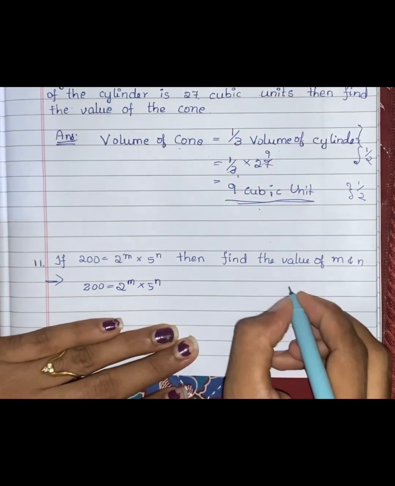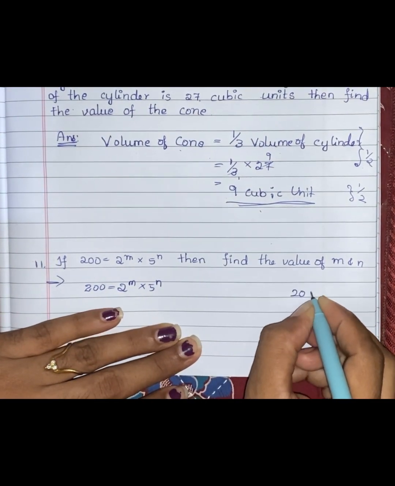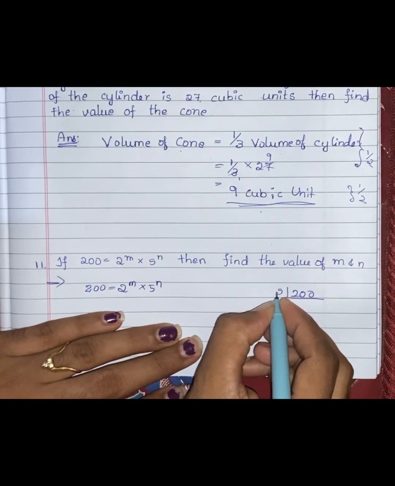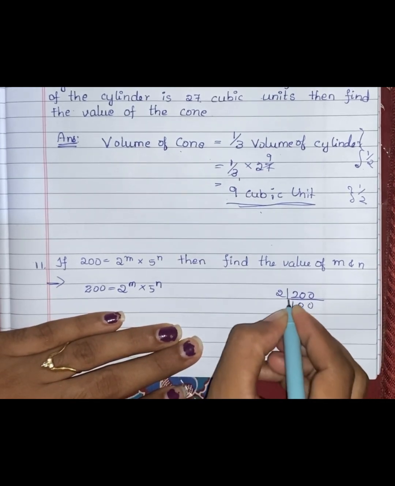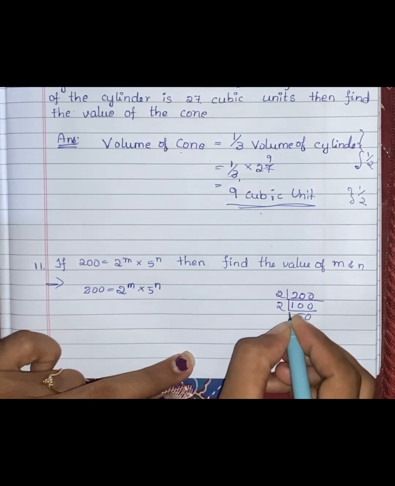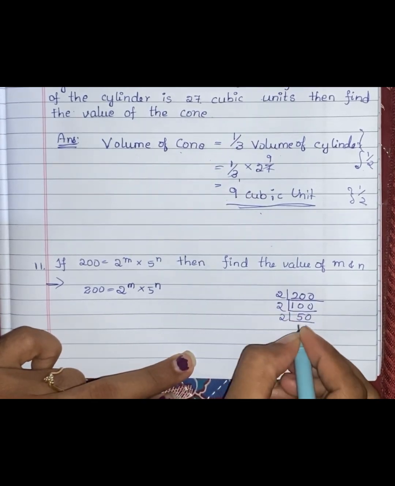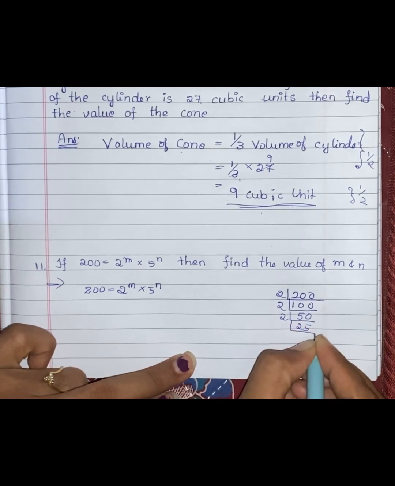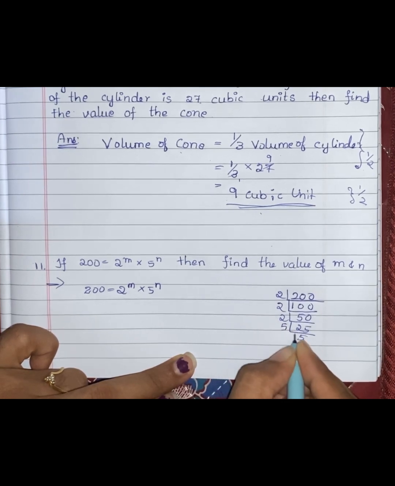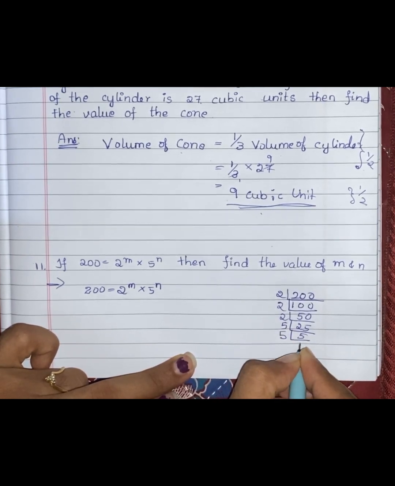So here we need to find the prime factorization of 200. So I'll just start with 2. That is 2 ones are 2, 0, 0. Next is 2 fives are 10, 0. Next is 2 twenty-fives are 50, 25 doesn't go with 2, so I have to select another number, that is 5. 5 fives are 25, 5 ones are 5.